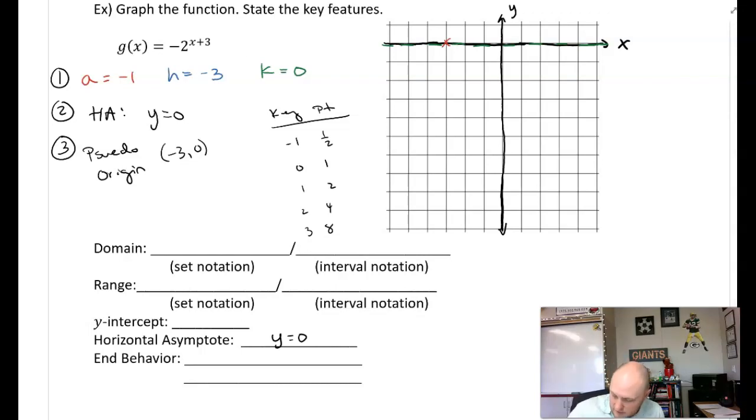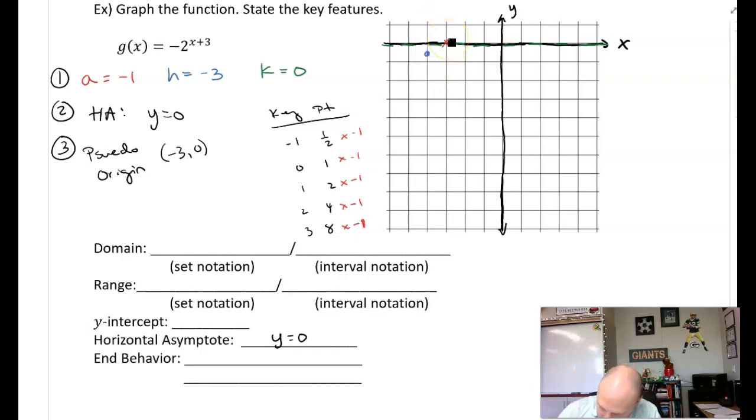So let's go ahead from this location. I'm going to go left 1, and instead of going up 1/2, again, we have reflection. So you can also do this. I have some students who like to multiply the y value times the a value, so multiply all of these by negative 1. However, this is very easy conceptually, that I'm just going to go ahead and reflect. Instead of going up, I'm going to go down.